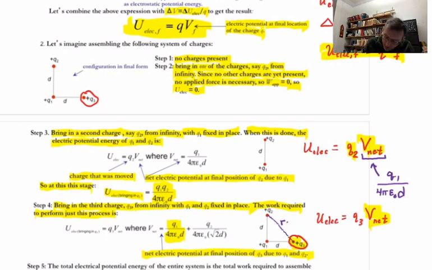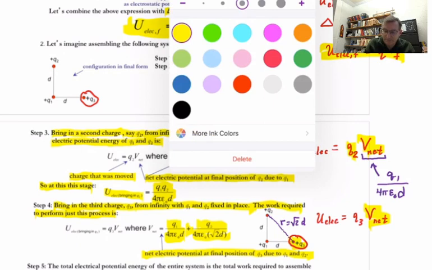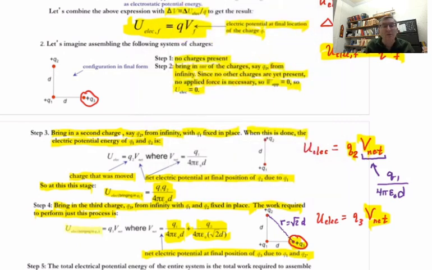Note from just geometry that r is the square root of 2 times d, Pythagorean theorem. So that contribution then is Q2 over 4 pi epsilon 0 square root of 2 times d, and those two expressions get added together. So Q3 times that V net is the electric potential energy that we then have resulting from bringing in Q3.